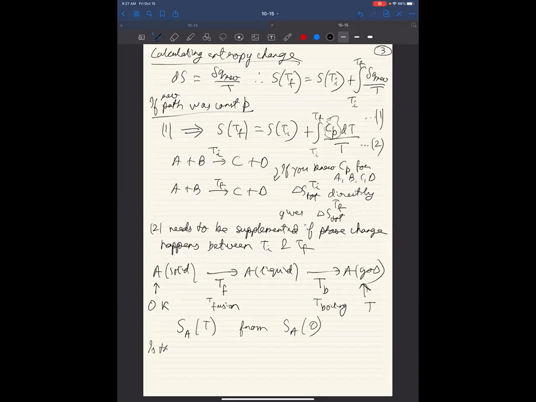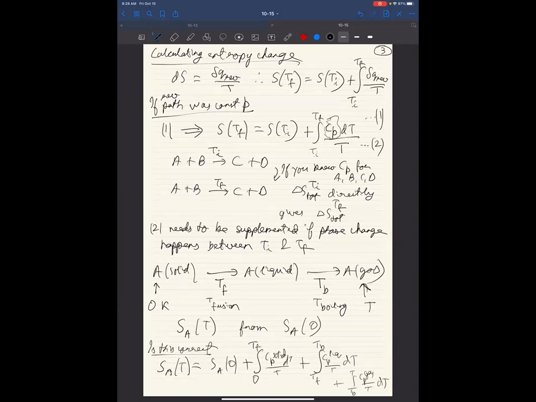So the question for you is, and pay attention: is it correct to say that S_A at temperature T is equal to S_A0 plus integral from 0 to Tf of Cp solid dT by T, plus integral from Tf till Tb of Cp liquid by T dT, plus integral from Tb till T of Cp gas by T dT?